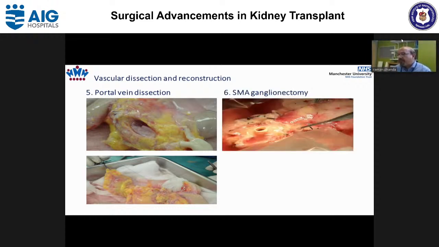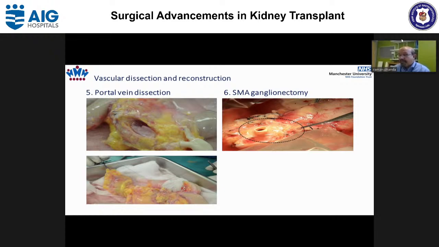Once you have dealt with the portal vein, you do the portal ganglionectomy, SMA ganglionectomy. Now, there is a very tight constricting ganglion around the SMA, and once the pancreas reperfuses, almost 100% of the pancreas undergoes some degree of reperfusion pancreatitis, and this tissue swells up afterwards. This can actually cause a constricting effect on the SMA.